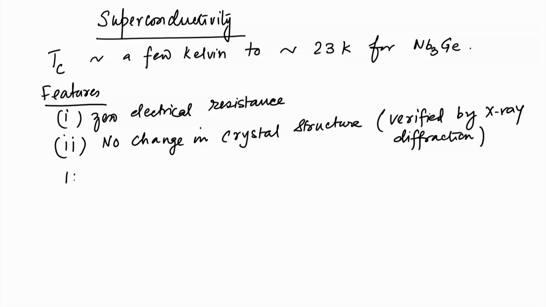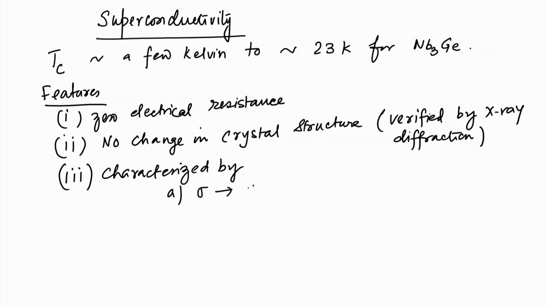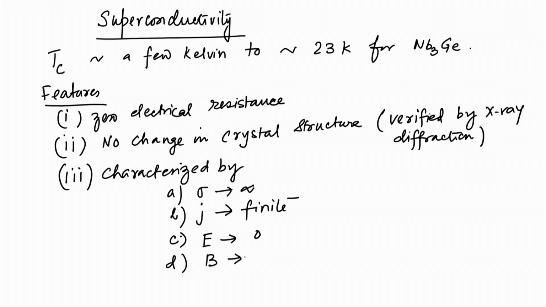And third, the superconducting state is characterized by: A, conductivity to be infinite; B, the current density to be still finite; C, the electric field goes to 0; and D, the magnetic field is constant.